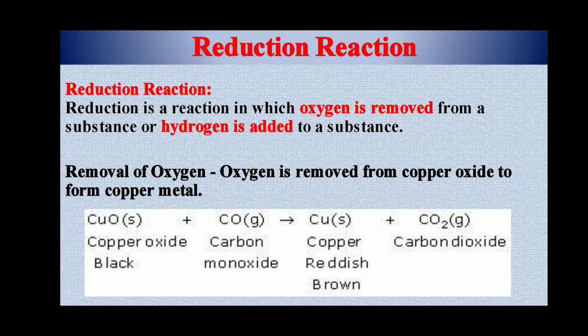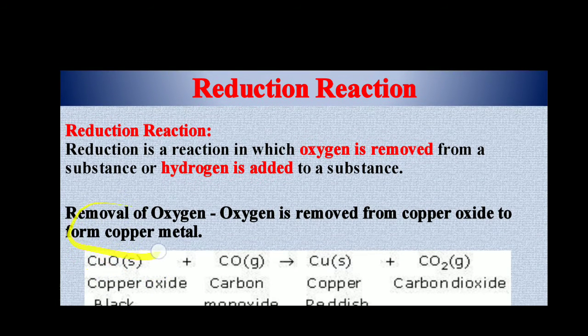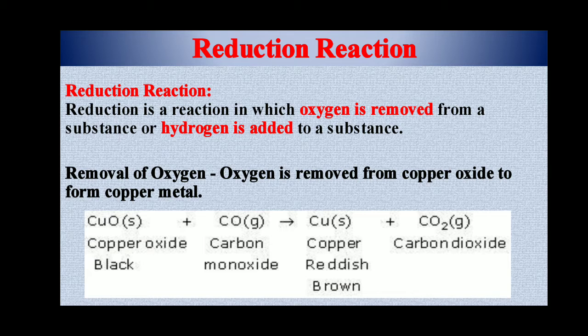You can see that from the reactant CuO, from the copper oxide, oxygen is removed and here we are getting only copper, and that is why we can say that oxygen is removed.